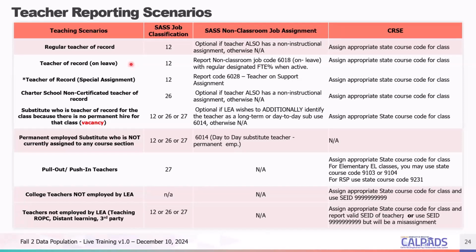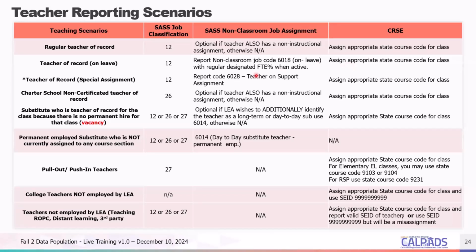In this case, you would report the staff job classification code as 12, and the non-classroom based support assignment code as 6018, employee on leave. And you would still assign the appropriate state course code for the class to the teacher of record who is on leave. And that way CalPADS will know both that this is the teacher of record and that they are on leave.